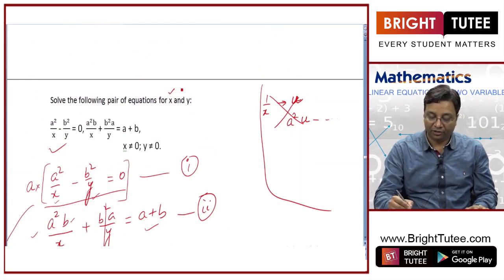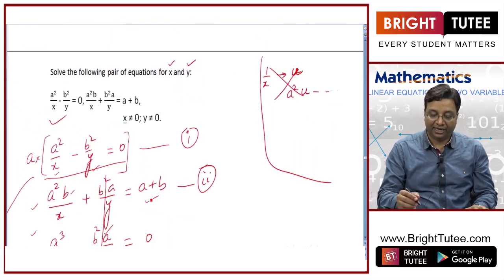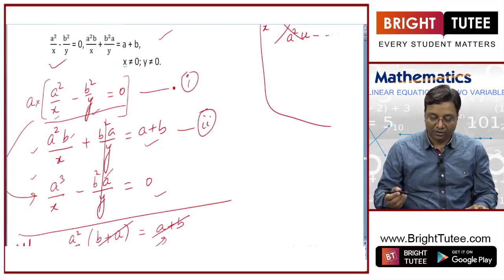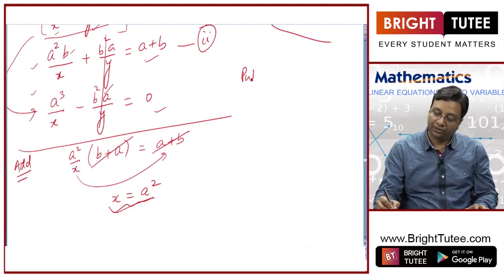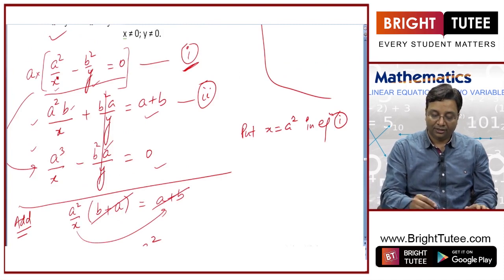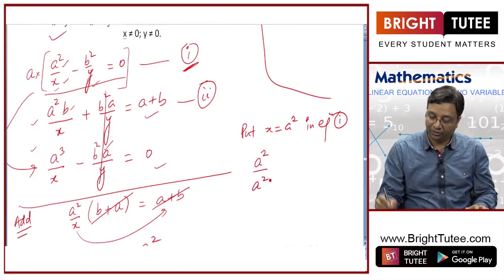We need to find the value of x and the value of y. So to find the value of y, I will replace this value of x in any of these equations. Let me replace it in equation number 1. Put x equal to a square in equation number 1. So this is a square by x, so it is a square by a square minus b square by y equals 0.